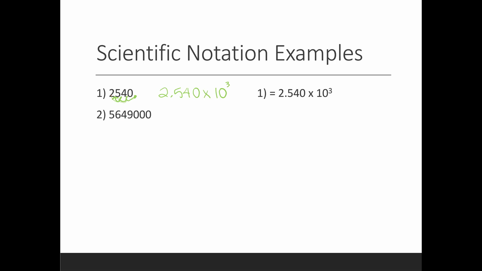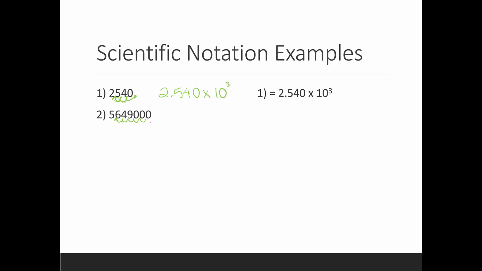All right, in the second problem, again, we have a number that is greater than 1. So we know that we should end up with a positive exponent. Our coefficient is going to have just one digit before the decimal. So this is where I want the decimal to be. I'm going to move it from the right side 1, 2, 3, 4, 5, 6 times.